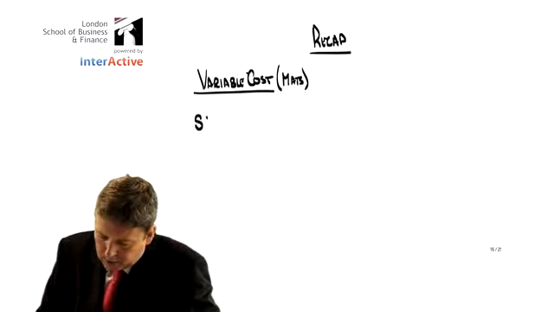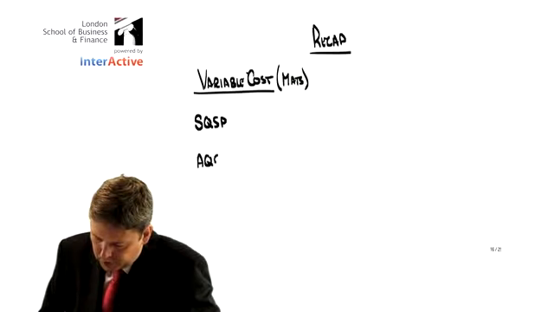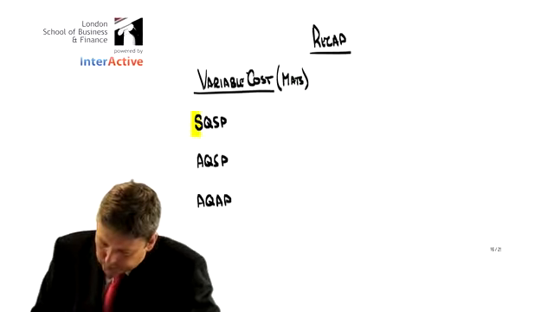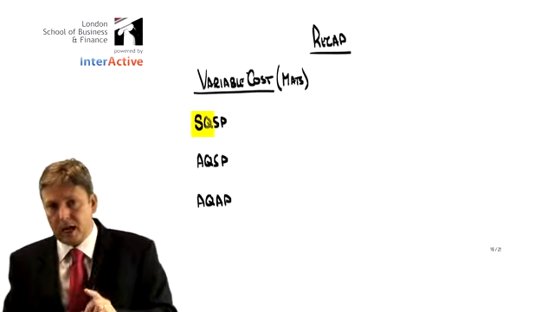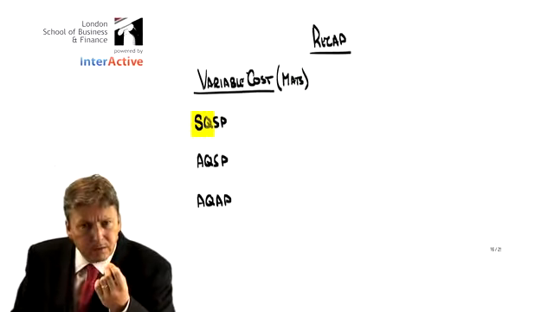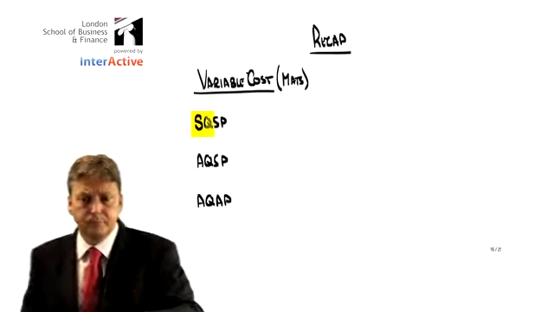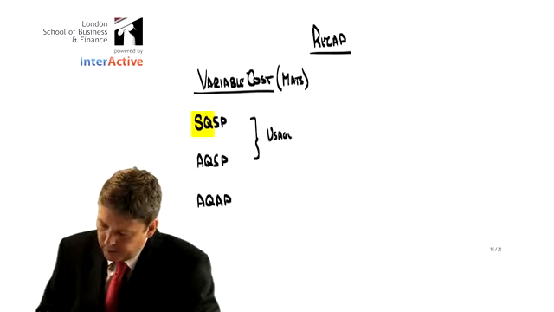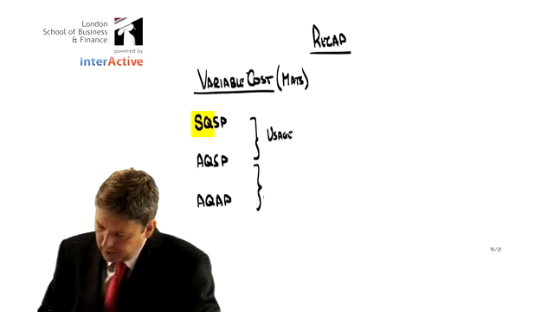We know standard quantity, standard price, actual quantity, standard price, actual quantity, actual price. And please remember, when we talk about standard quantity, what do we mean? We mean standard quantity of actual output. If we compare the first two, we get the usage or quantity variance. We compare the latter two, we get the price variance.